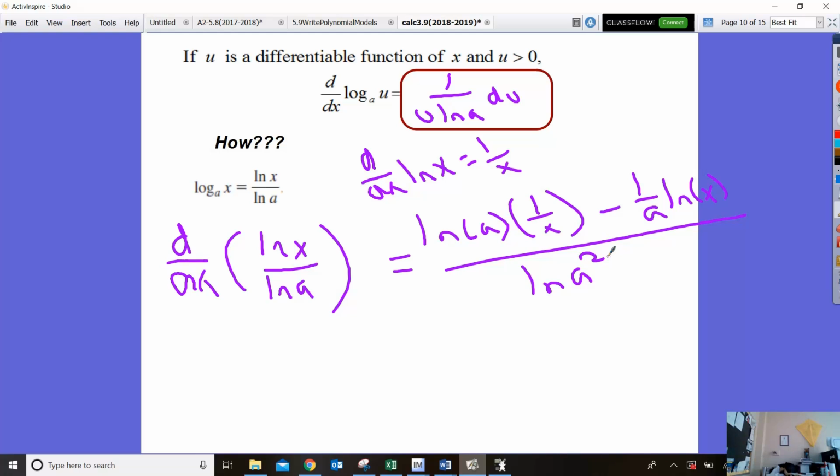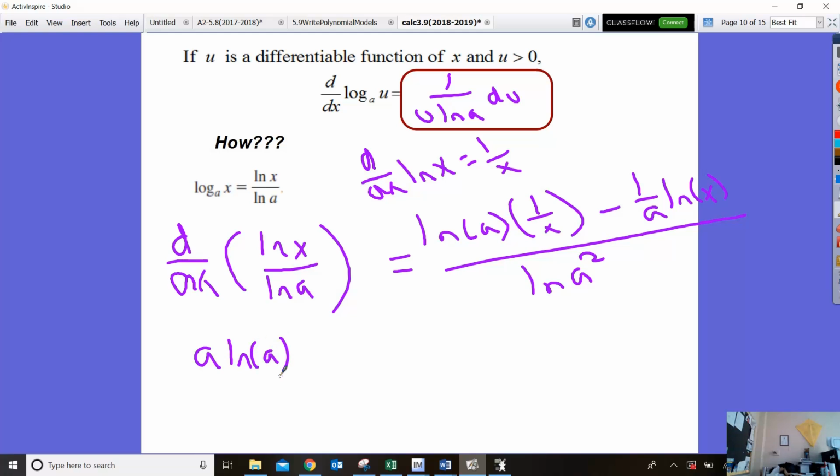Yeah, there's another shortcut in this one. What we're going to have to do is shift some stuff around. This x and that a, they can't move. We need to put these fractions together. That needs some help. So I'm going to give this 1 over a ln x an x, because there's a fraction in there. I'm going to give this front piece a natural log of a.